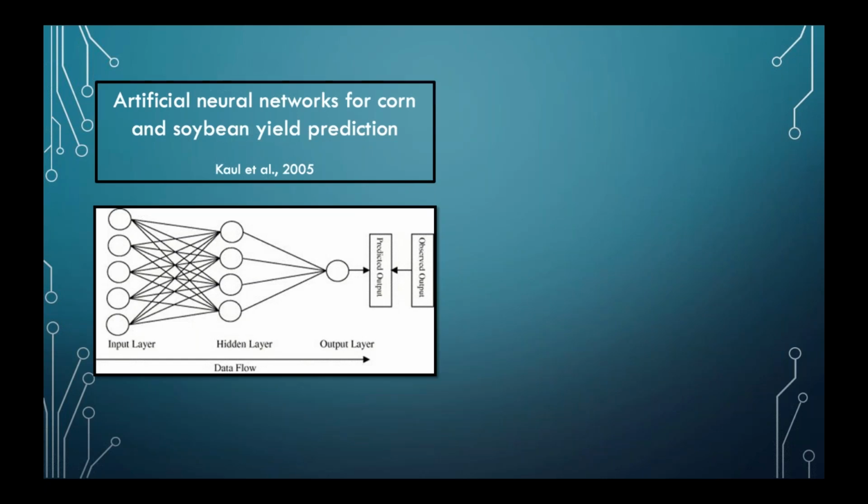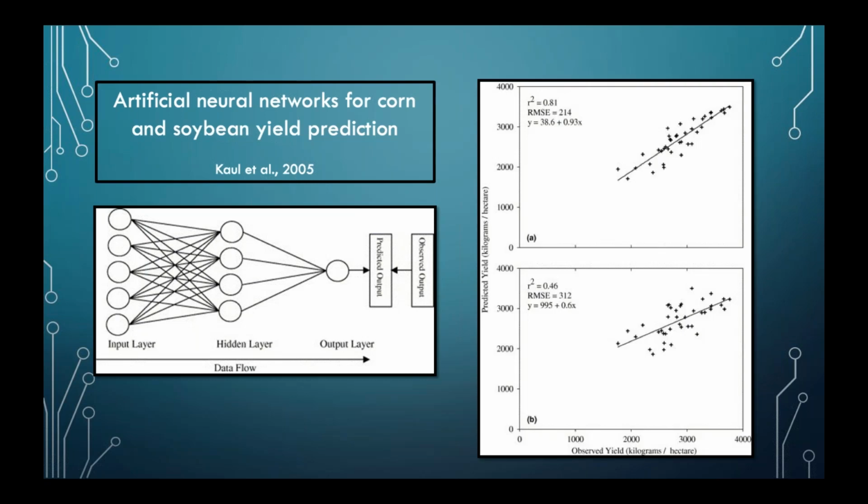And so here's an example of an artificial neural network, which was done for corn and soybean yield prediction in 2005. So we have the basic flow, we have our input layers moving into hidden layers, and then we have our output, and then predicted, and then what we observe. So we can gauge how well they did.